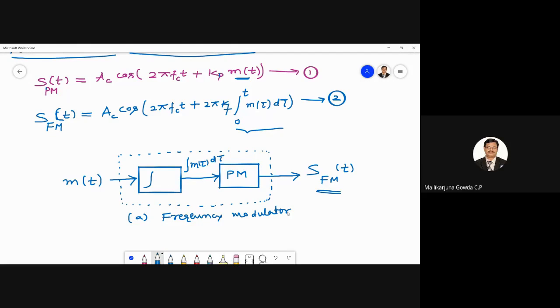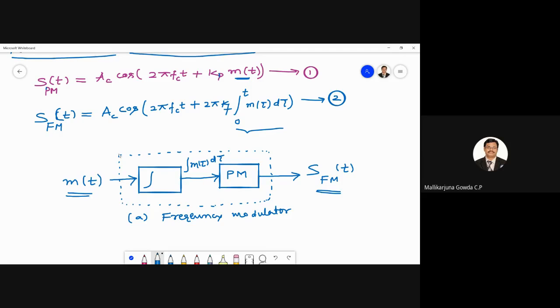Means a signal that is an FM wave corresponding to this m of t is also the phase modulated wave corresponding to the integral of m of tau d tau. See, this is the phase modulator I said.